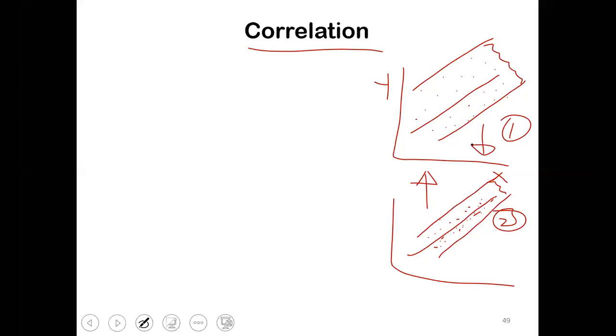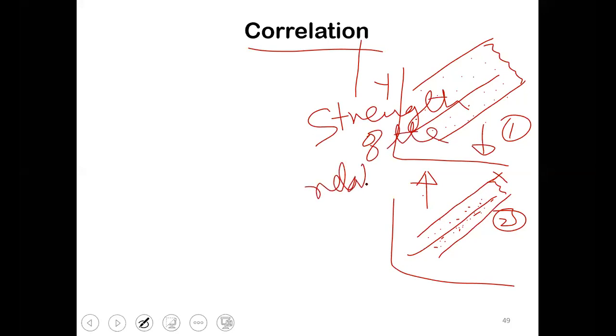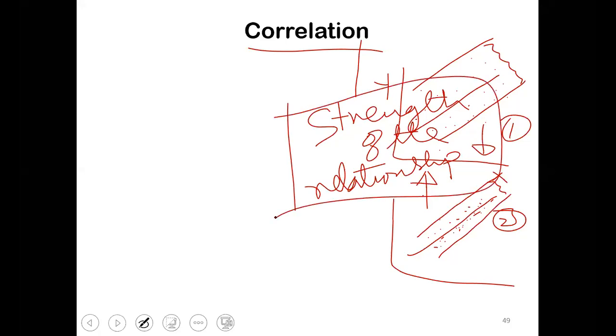The correlation is very high in the second one compared to the first one. So basically, it is measuring the strength of the relationship. It measures the strength of the relationship.